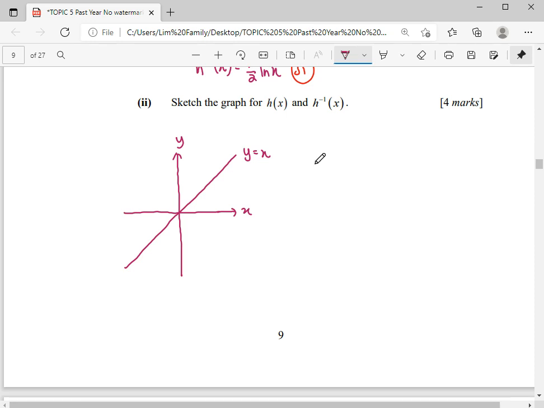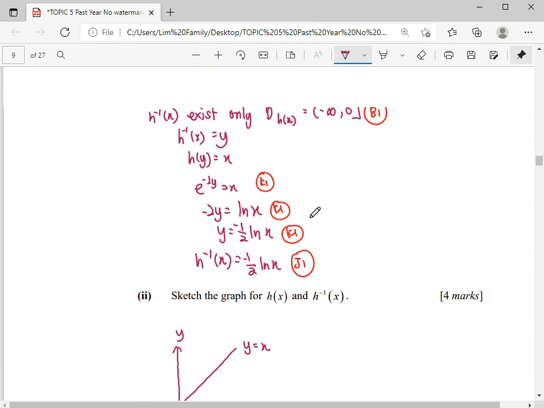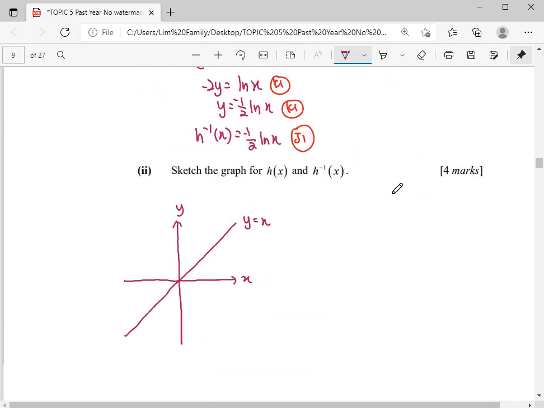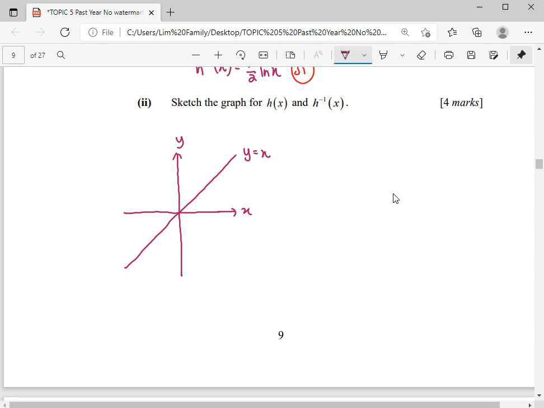For this exponential, originally the left hand side part with asymptote at 0 here, your graph will be starting from here, but this part is not taken, so we no need to draw. We only show the part they want. So you should have it up at here, 1.